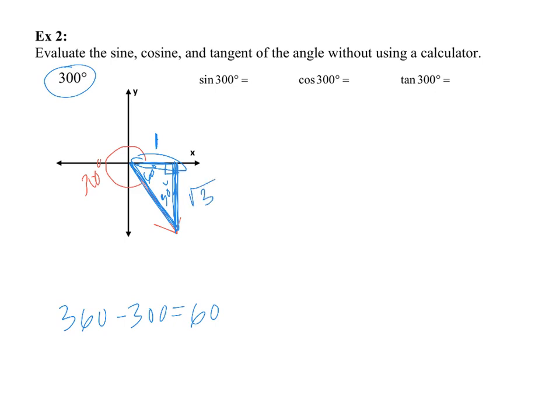And what do you multiply the short leg by to get the hypotenuse? 2. One very important thing here that you don't want to forget: since we're in the coordinate grid now, we have to label our sides as being either negative or positive. I'm in the positive x-axis portion for the short leg, so 1 is positive, and I'm in the negative region for the y-axis, so the long leg is going to be negative, and the hypotenuse is always going to be positive.